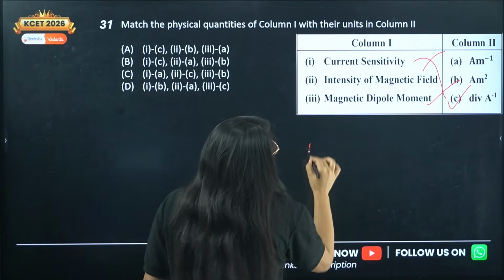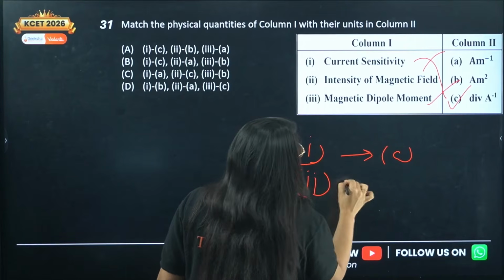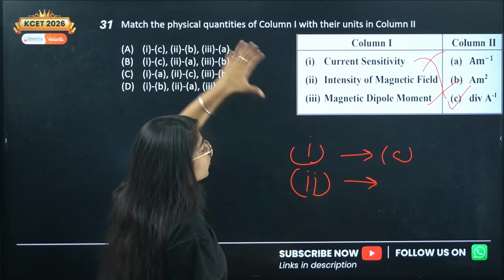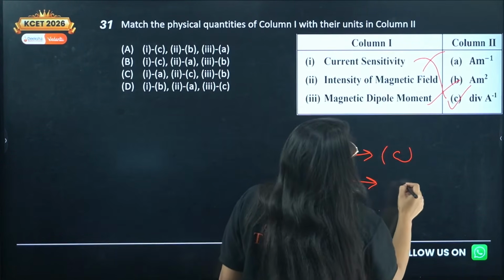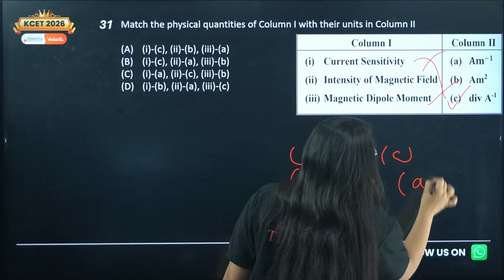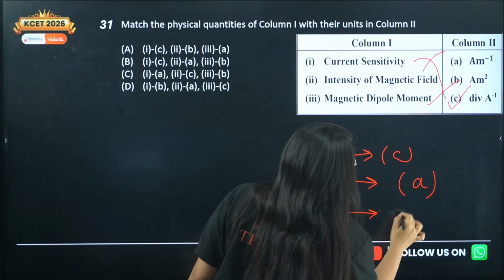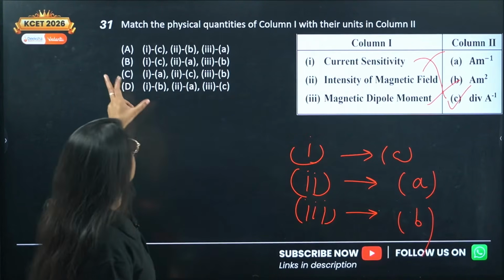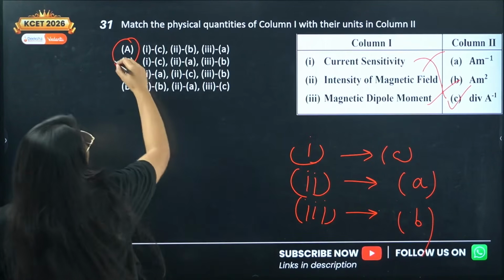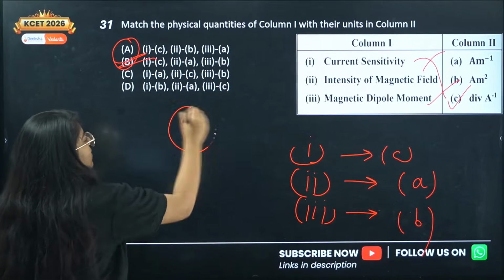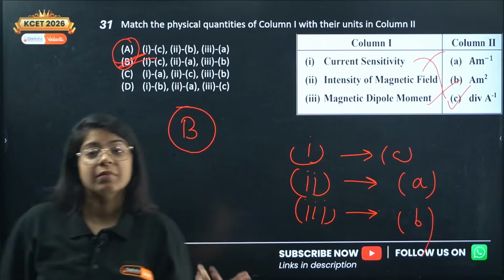Instead of looking into the options first, just use your own brain and solve it. Then you will see the options, because it will be a lot easier for you to find the option that you know is true, instead of looking at the options first and getting confused. So first is C, second is A, so B option is the correct option. Is that easy? When you solve yourself first, it becomes easy.